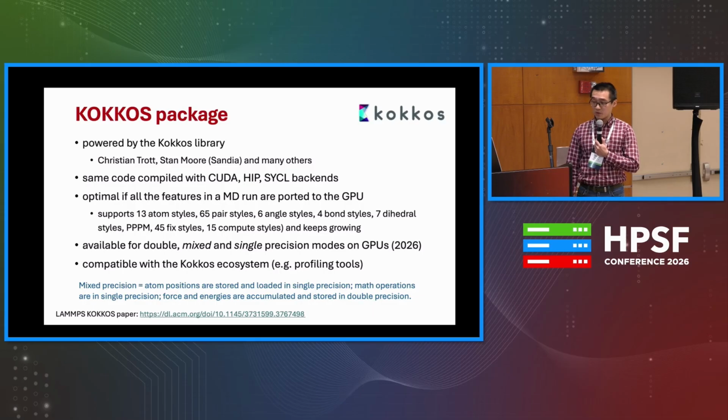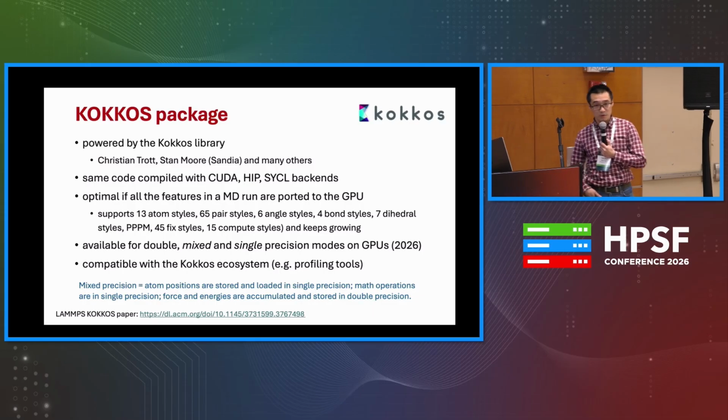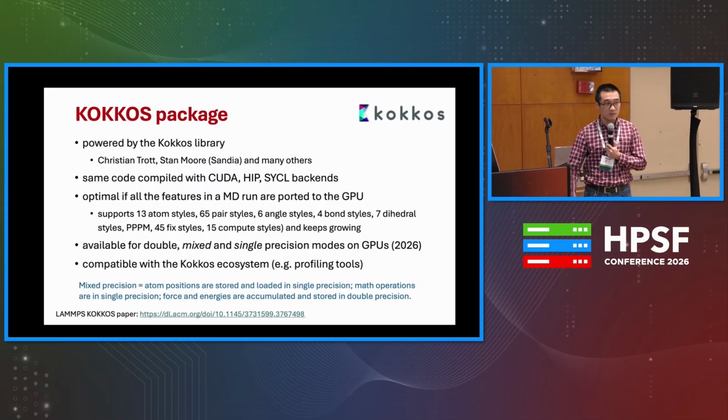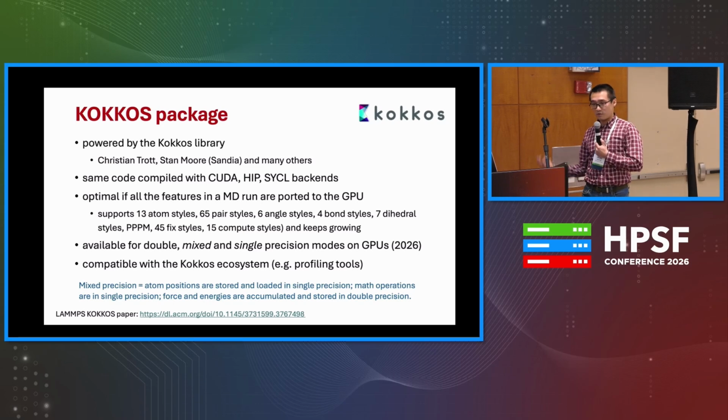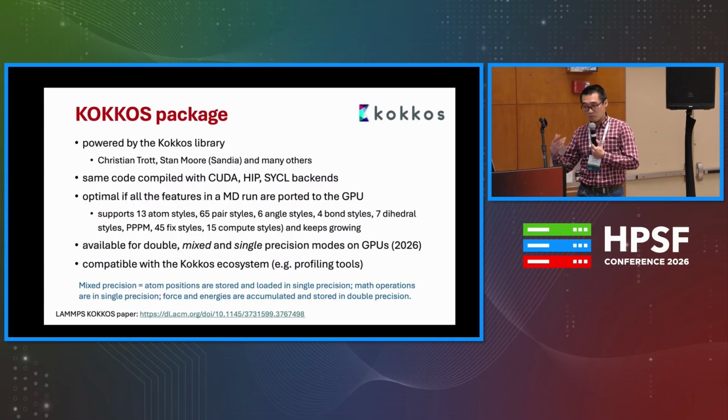The optimal arrangement for KOKKOS to run is to have all the features in a single run ported onto the GPU. So far, we have a lot of features ported from the MPI version onto the GPU, and as I show here, there's much more to come.